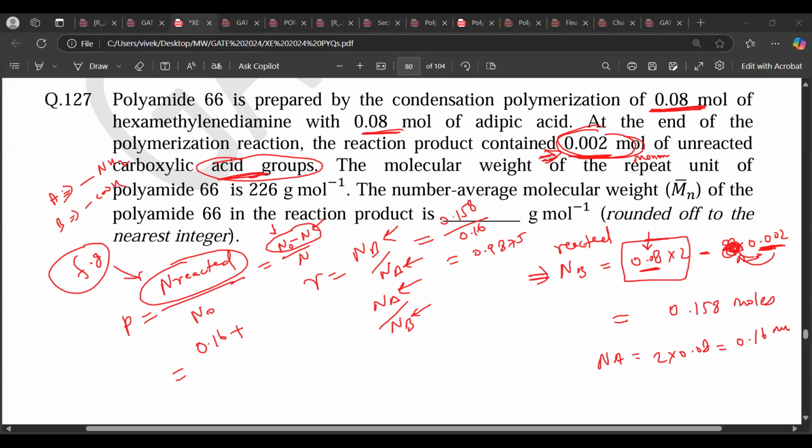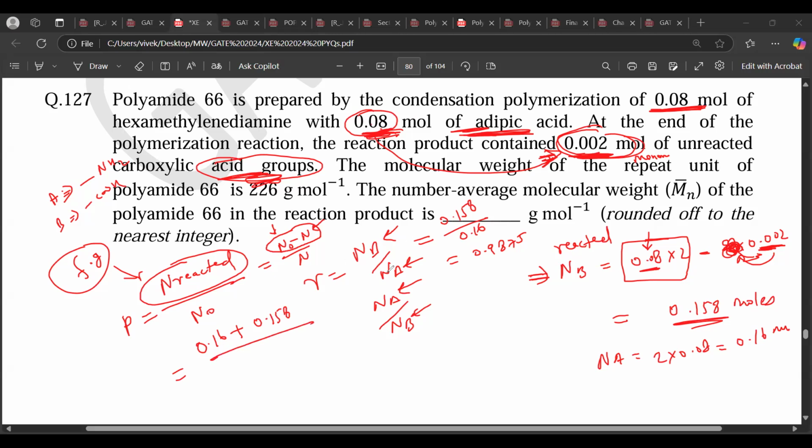You cannot subtract 0.002 directly from 0.08, because 0.08 was given for adipic acid, this is the mole for the whole monomer, and this is the mole only for groups. See, this was actually tricky. So you have to multiply by 2 and then subtract. That is 0.158. This many are reacted, because this is remaining. So you have to subtract from here and divide by the total.